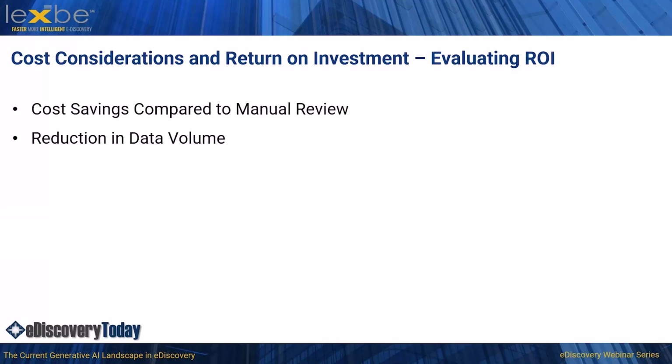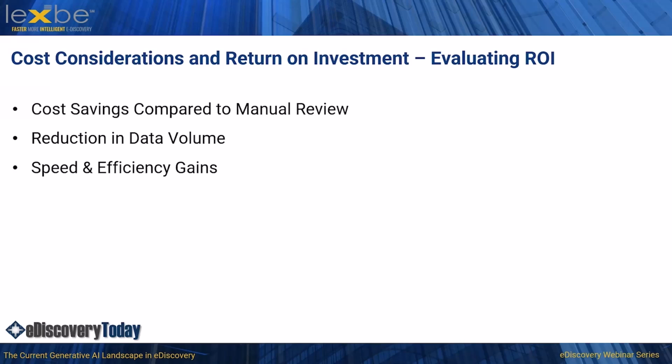One that can't be overstated, I should say, is speed and efficiency gains. Because Gen AI is fast. You're getting faster document classification, faster identification of privileged information in documents, faster identification of personally identifiable information, PII, in documents.